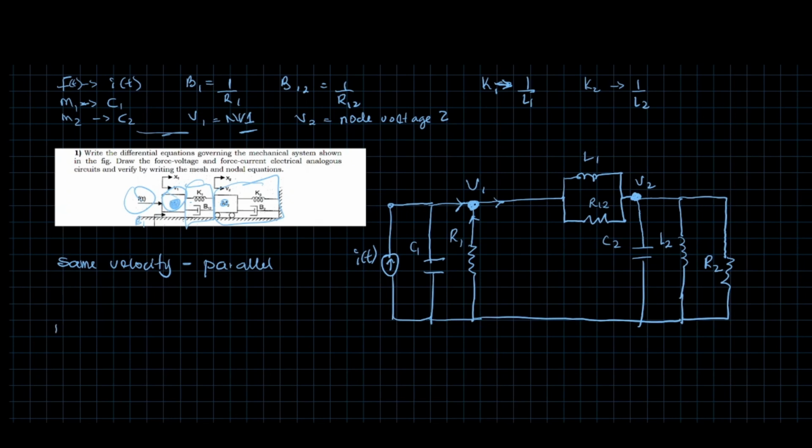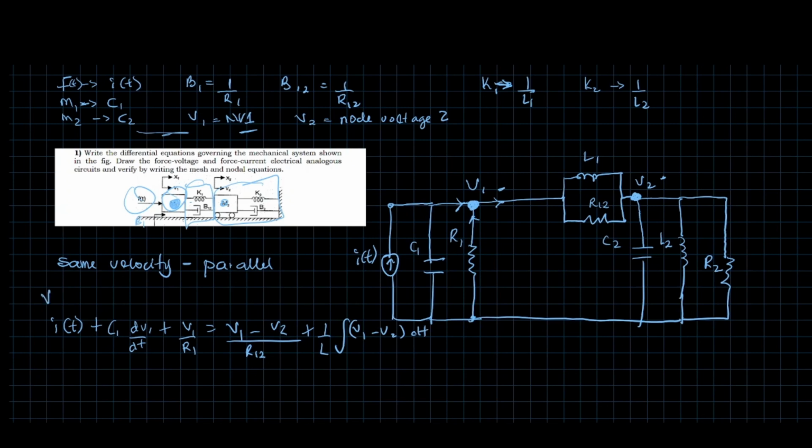So in this case, we have the entering current I(t) plus the current across a capacitor, C1 dV1/dt, plus V1 minus 0 over R1, so V1 over R1, equals the current here, which is V1 minus V2 all over R12. Then for the inductor it's going to be 1 over L times the integral of V1 minus V2 dt. That's for the first equation, for node V1.